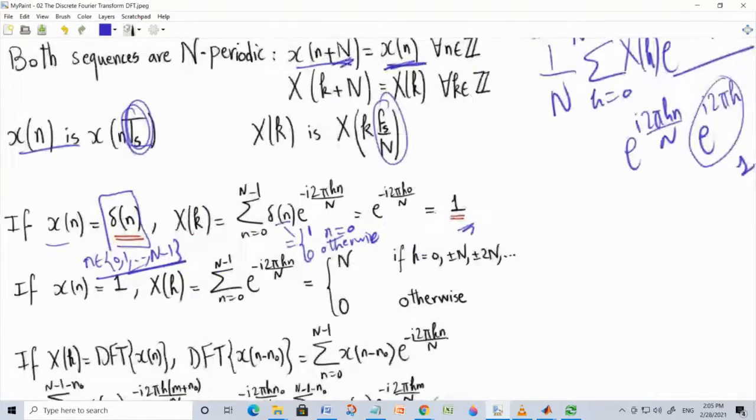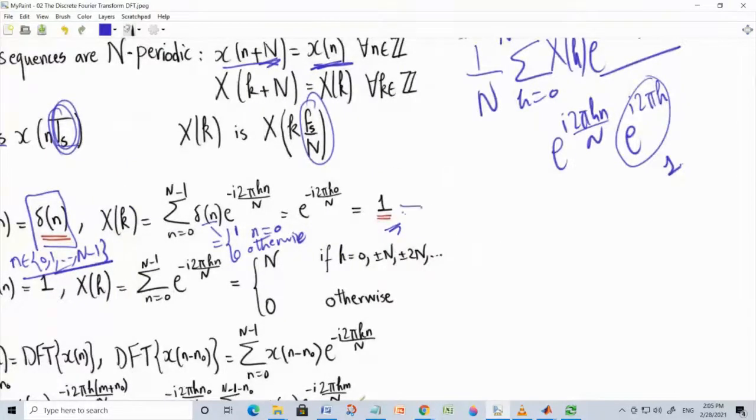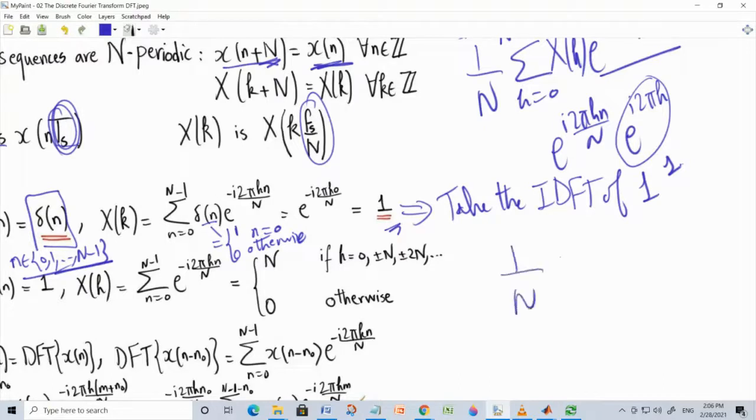Note that if you take the IDFT of 1, what will happen? Let's do it. By definition, it is 1 over N, summation k from 0 to big N minus 1 of 1 times e to the i 2 pi kn over big N. What is this?